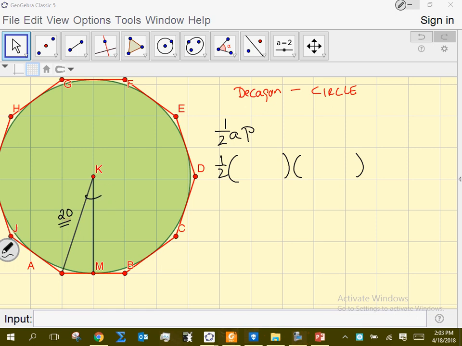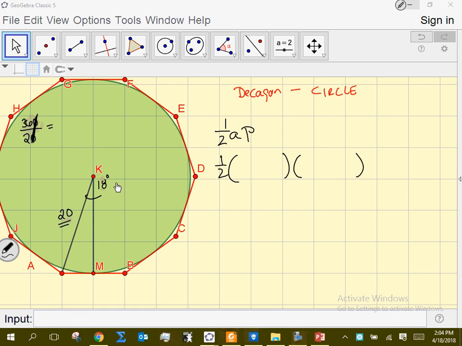And this angle here, 360 divided by 2n. 2n would be 20. So does that angle turn out to be 18 degrees? Well, what's 36? Because they both have a factor of 10 in them, right? Oh, yeah, it's 18.